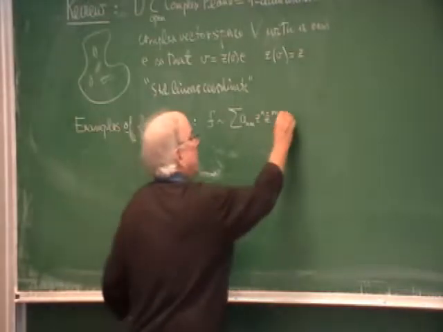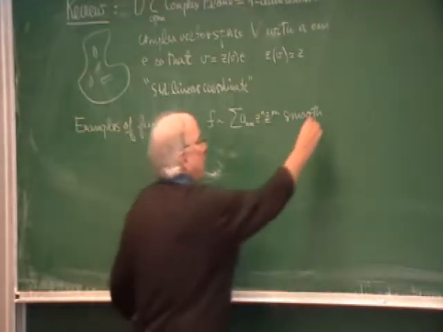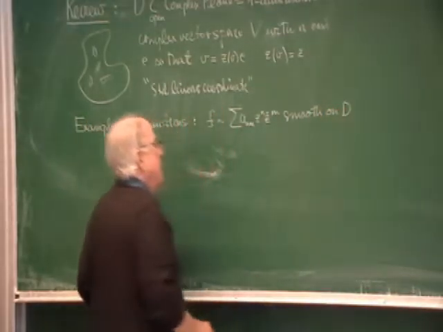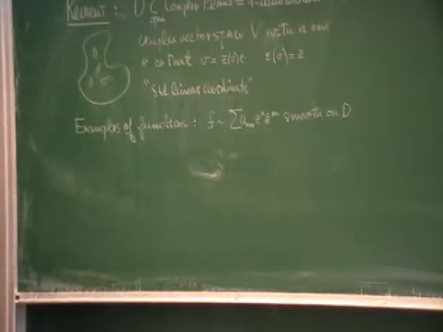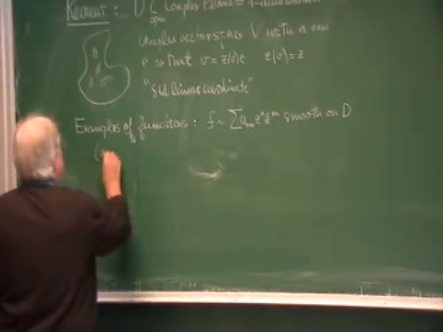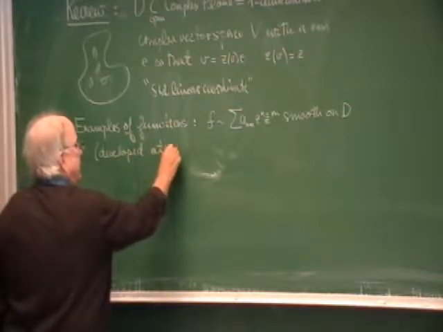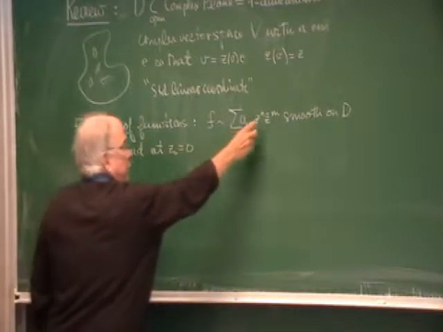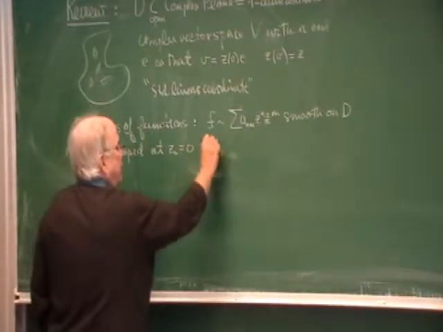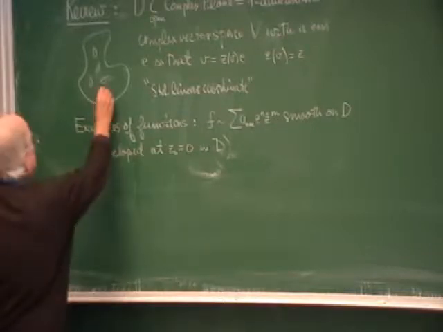A smooth function on E, so infinitely often differentiable with the Taylor series developed in this case at a point Z0, which I call 0, because there's no Z0 here in D. I will quite often do that, just take Z0, the base point of the development, to be 0.